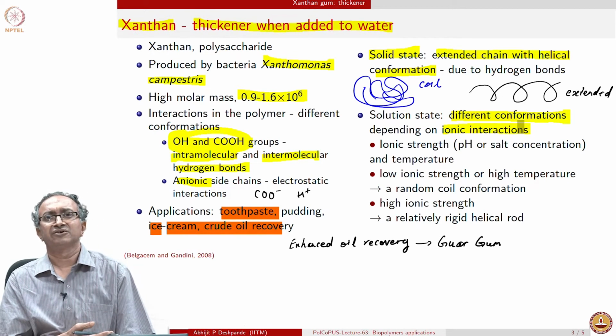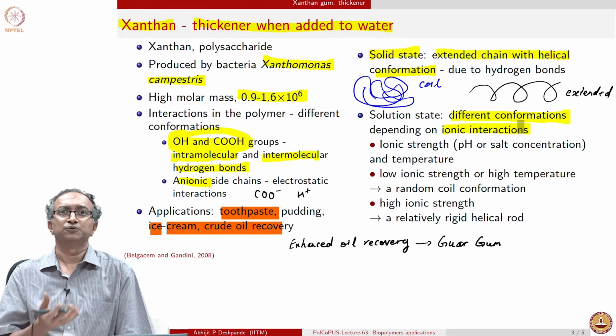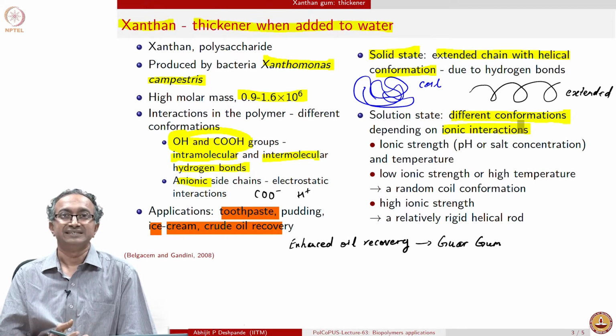How do we modify ionic interactions? Can you think of it? We have ions like COO minus, H plus, Na plus, K plus, Ca2 plus, SO4 2 minus, all these are ionic species, and they of course interact with each other. So, how is it possible to modify interactions between these?